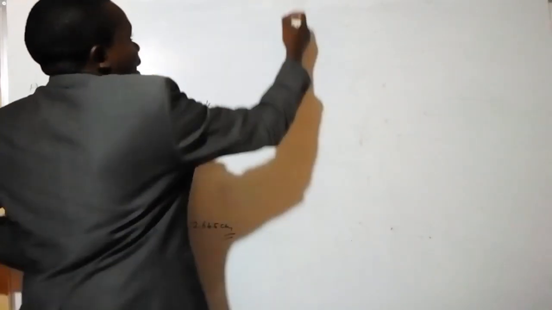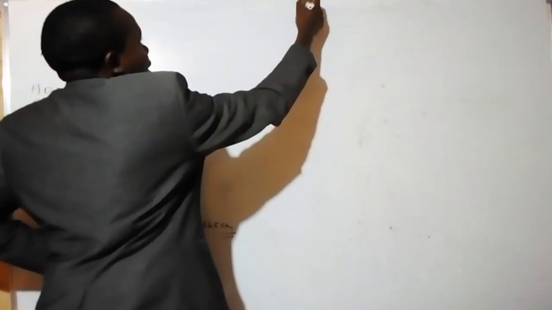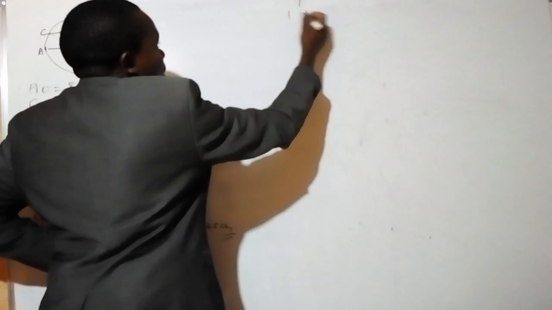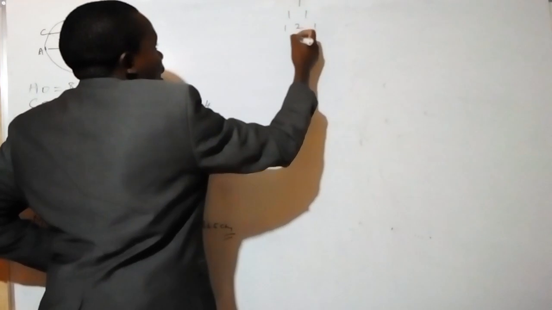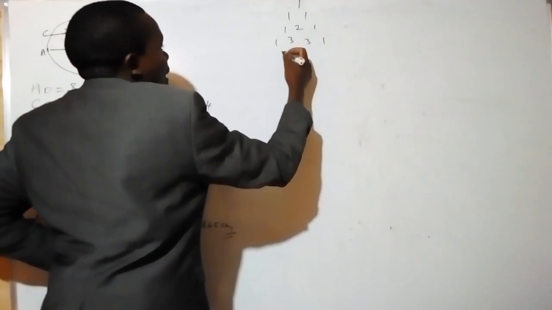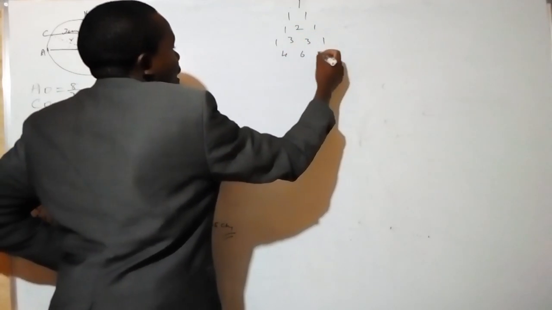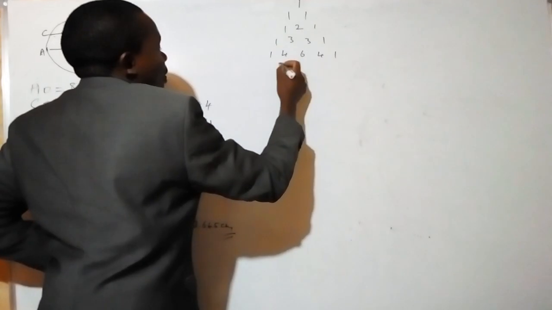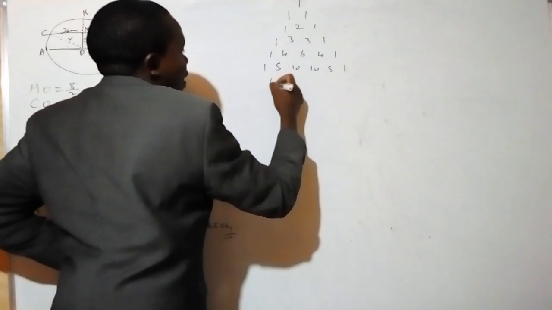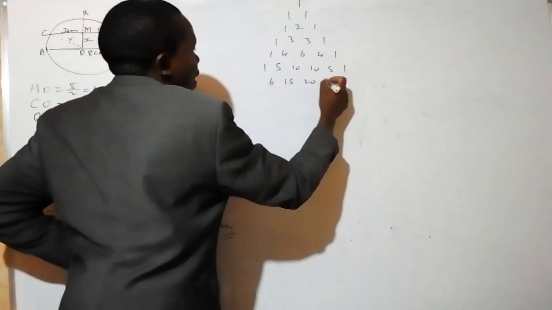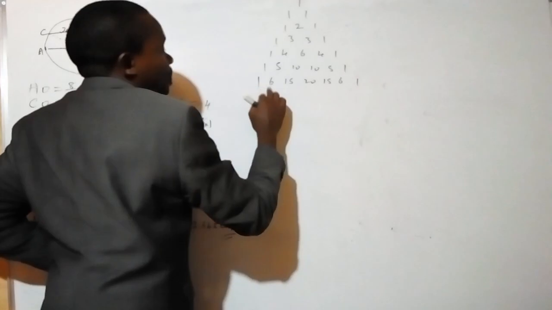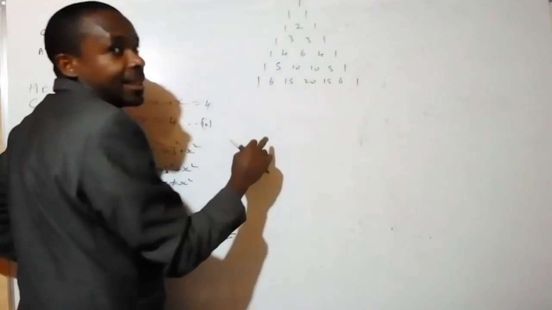If you don't have a four-figure table, you can start with 1, 1, 1. 1 plus 1 is 2, 1, 1. 1 plus 2, 3, 3, 1, 1. 3 plus 1, 4. 3 plus 3, 6, 4, 1, 1. 5, 10, 10, 5, 1, 1. 6, 15, 20, 15, 6, 1, 1. This is for binomial expansion raised to power 6.